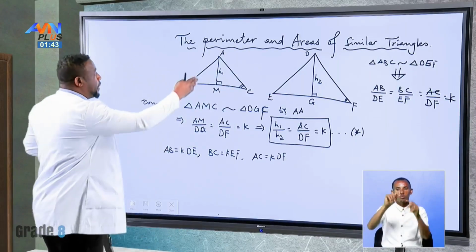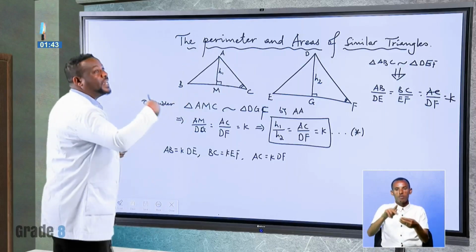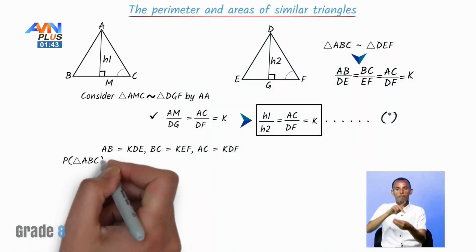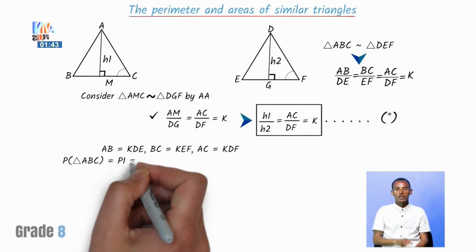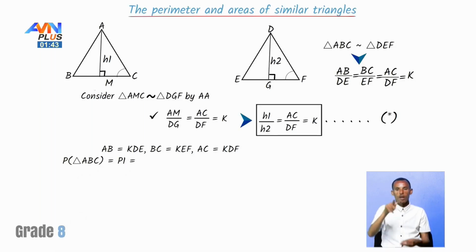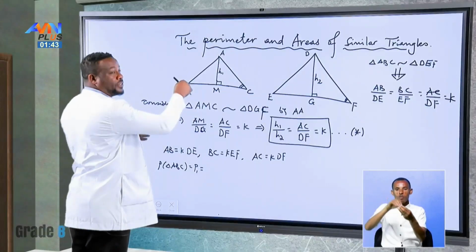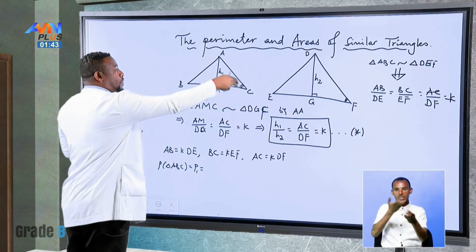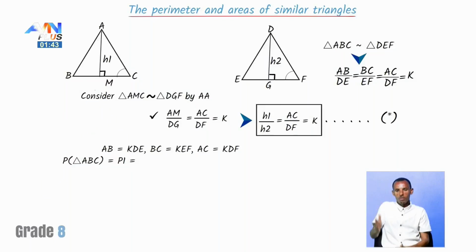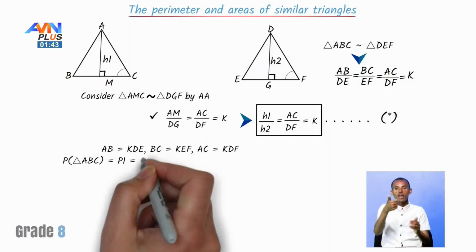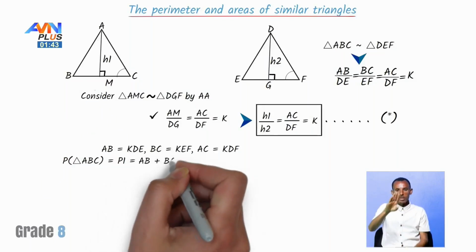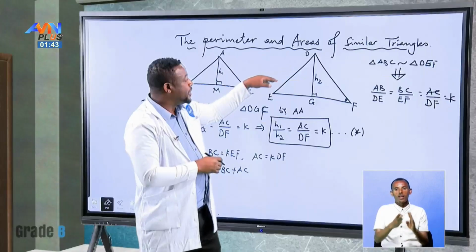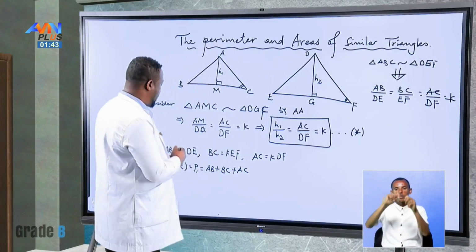Let's say the perimeter of triangle ABC is P1, okay? Perimeter means the sum of all the sides, right? So P1 is AB plus BC plus AC. Again, let's write the perimeter of triangle DEF.